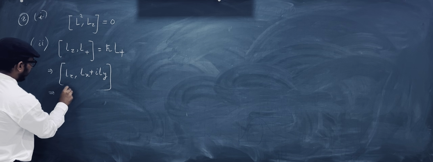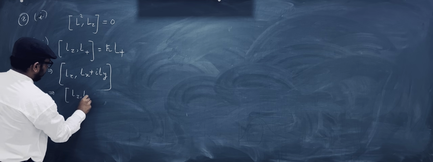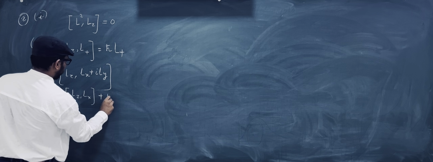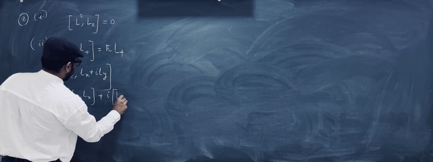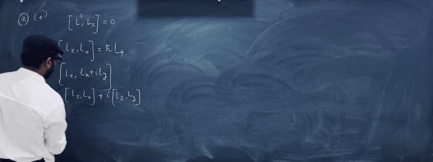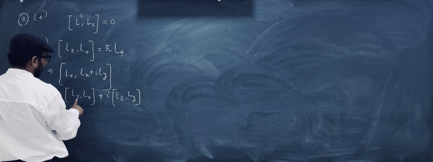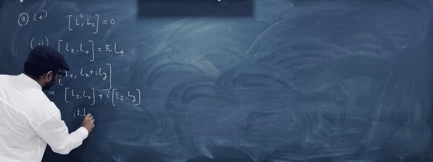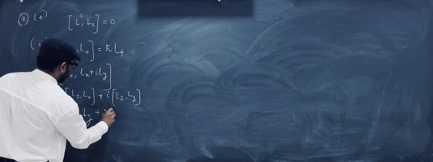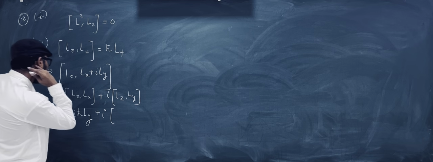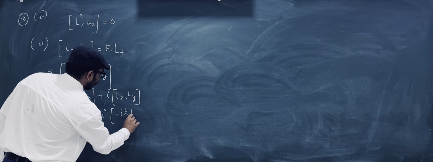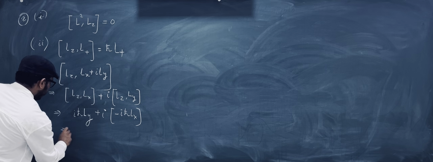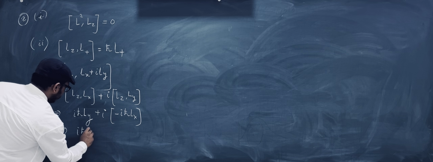So this can be written as Lz Lx plus iota Lz Ly. So this is basically Lz Lx is I h cross Ly, plus I, this is minus I h cross Lx. So this is I h cross Ly.